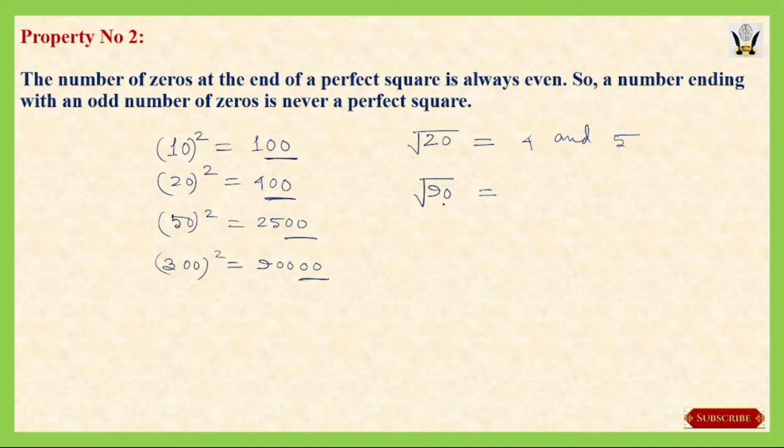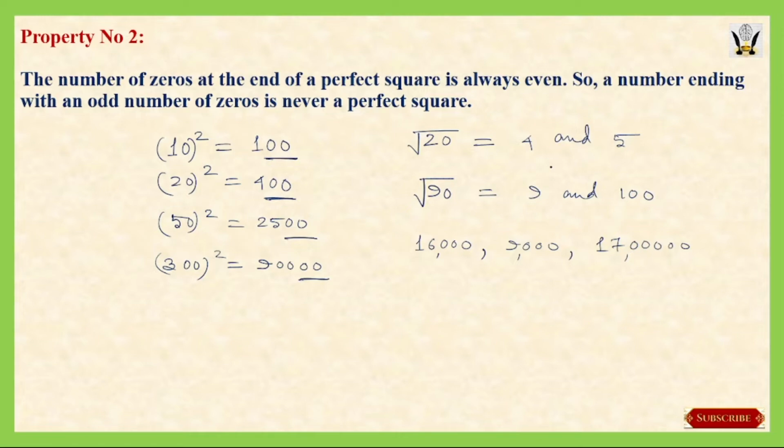And now if I take examples like 16,000, or 9,000, or maybe 17 and then any odd number of zeros after that, and we find the square root of these numbers, we will see that the square root of all of them will again come as a fraction, and they will not be integers.